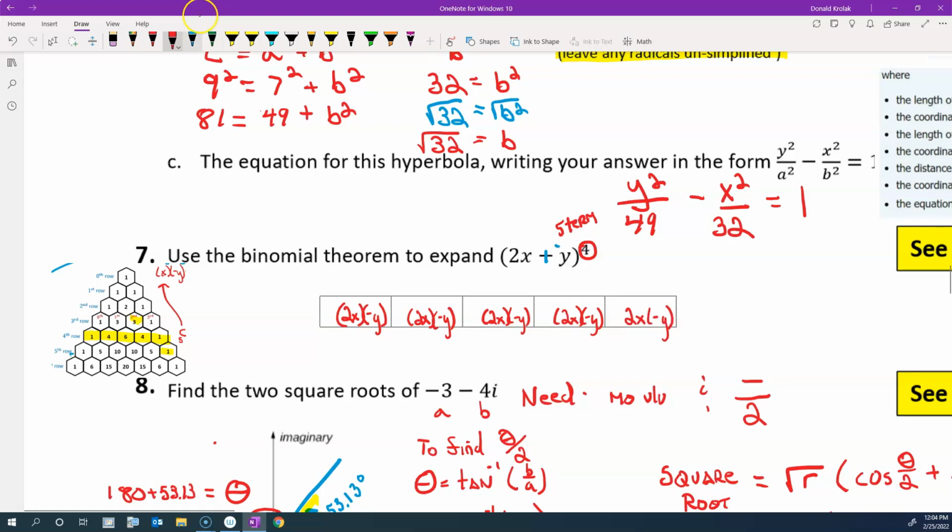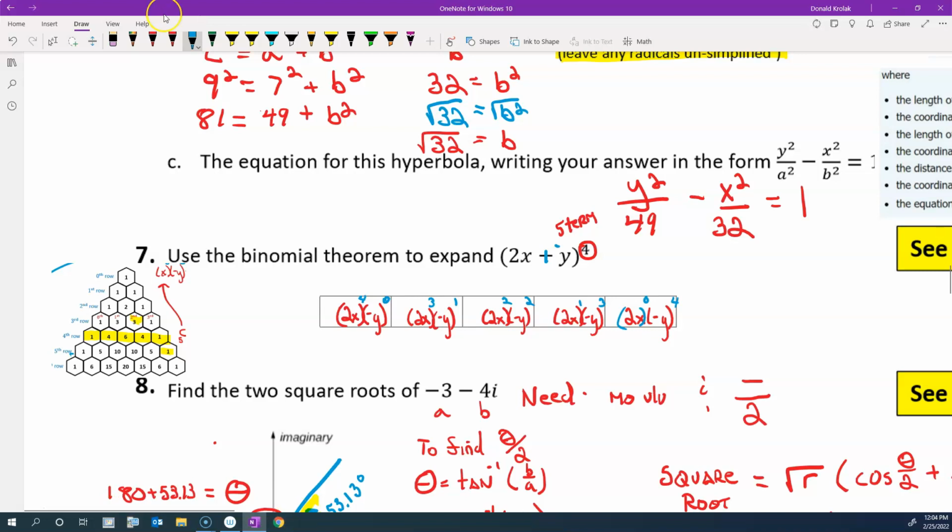The exponents on the first term are going to count down, 4, 3, 2, 1, 0, and the second term is going to count up, 0, 1, 2, 3, 4.